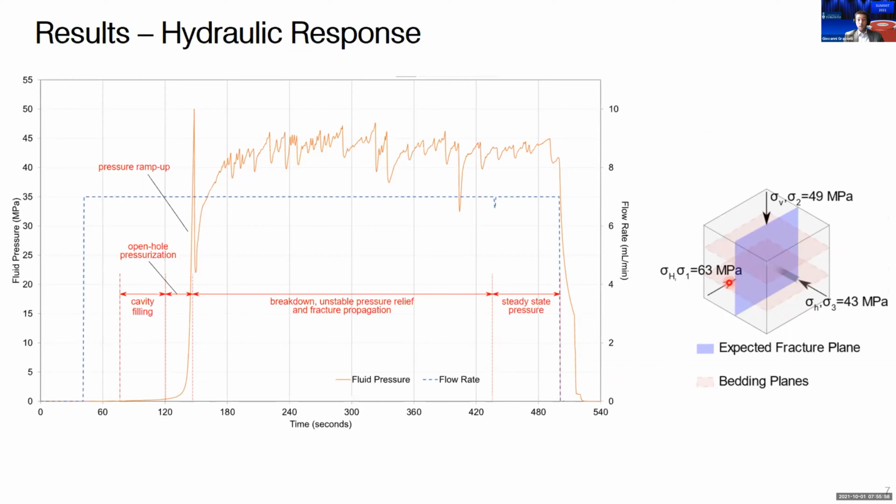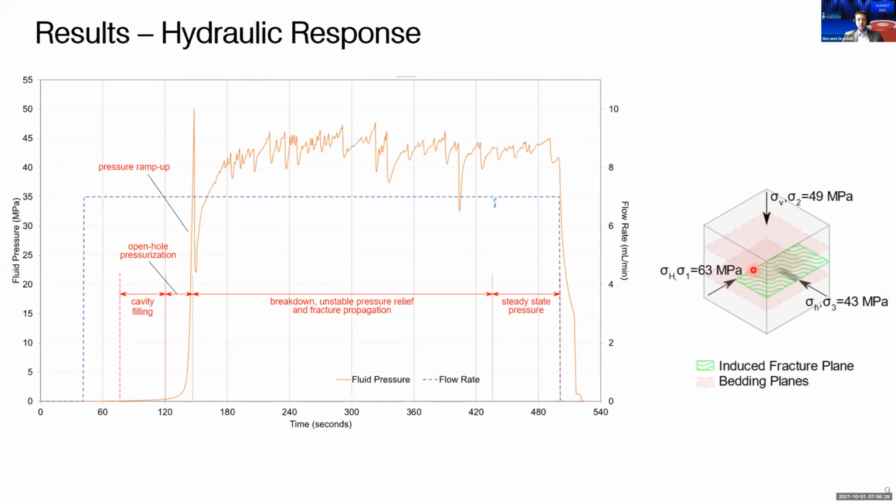in the blue plane. However, what we noticed in the lab was that the fluid was exiting our cube not along this plane, but along the green plane. That means the fracture was not opening against the sigma 3 stress, but was actually overcoming the sigma 2 stress.